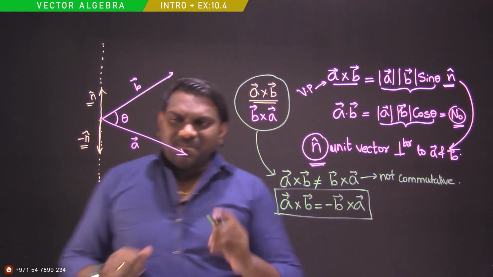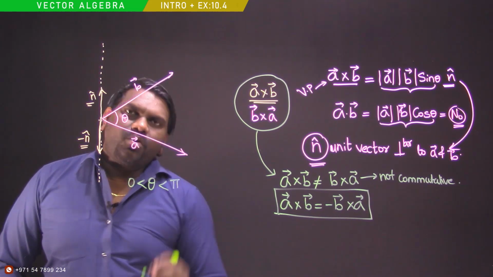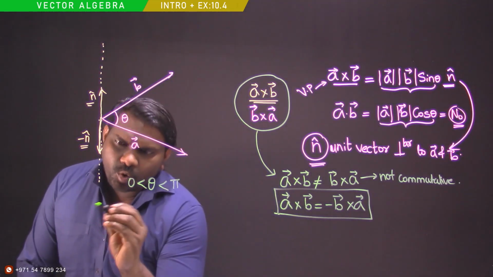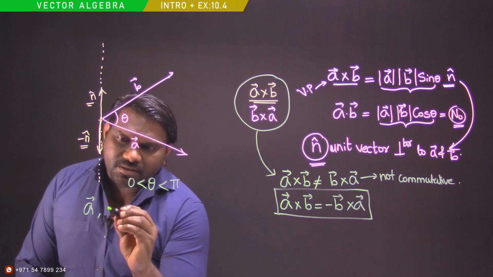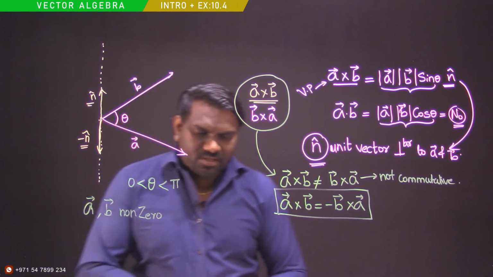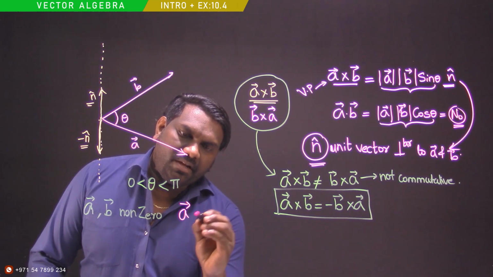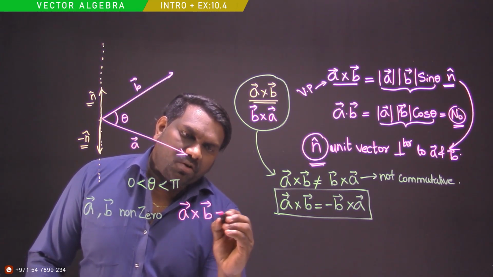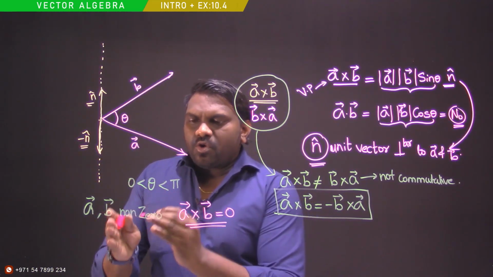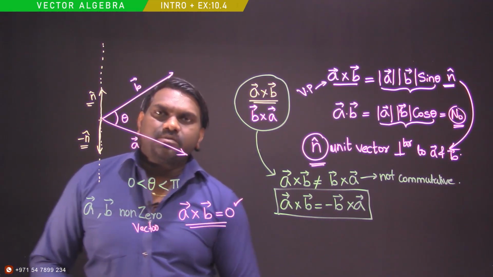Now let's talk about theta. The value of theta would be between 0 and pi. Okay, now suppose we say, if we have two vectors A and B which are non-zero vectors, but still you end up getting A cross B is equal to 0. That means A and B are non-zero vectors, but still you are ending up with A cross B equal to 0.